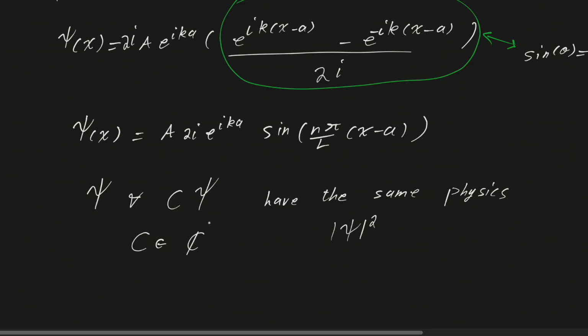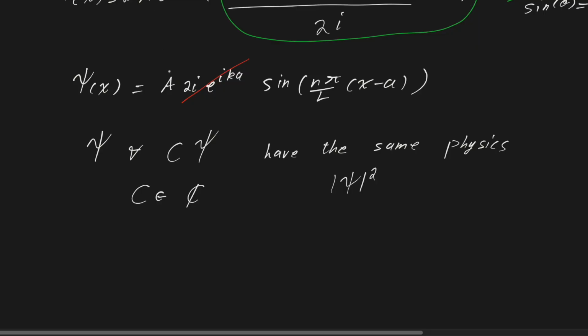The complex number will just add a scaling factor and some complex phase, which is really irrelevant to us physically. So we can drop the 2i and exponential ika because they're complex constants. A, on the other hand, is a normalization constant that we've derived in the previous videos, and we know that it is equal to the square root of 2 over L, where L is the length of the box.